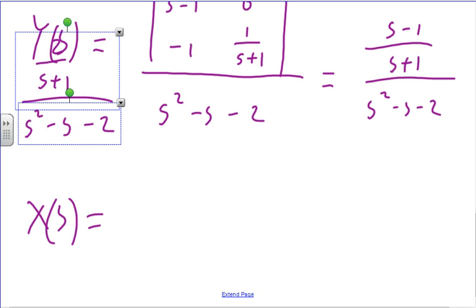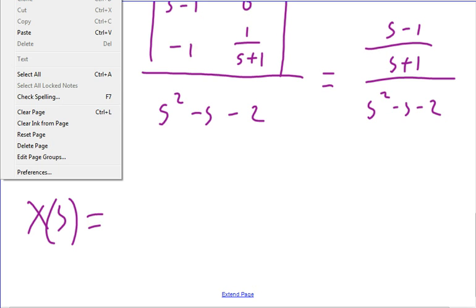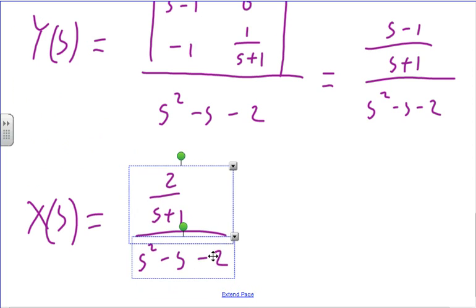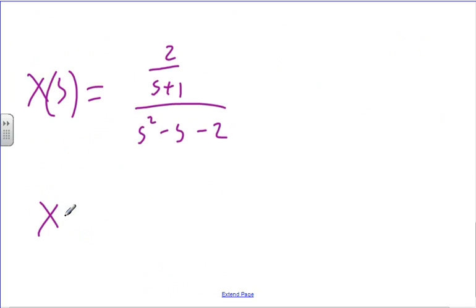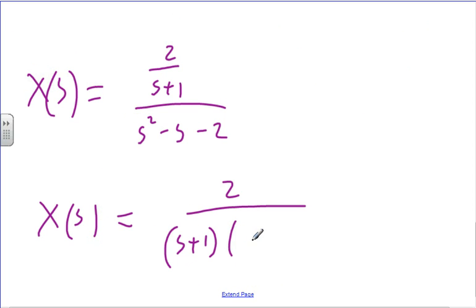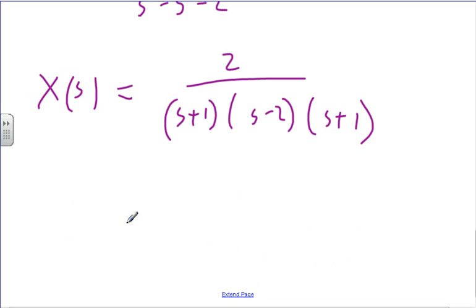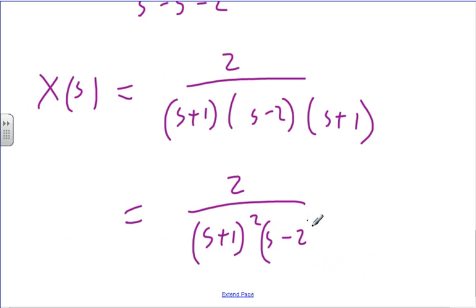Darn, need the pointer first before I do that. So x of s equals 2 over s plus 1 times s minus 2 times s plus 1. Okay, so I got 2 over s plus 1 squared times s minus 2. Oh, tell me I got that one.